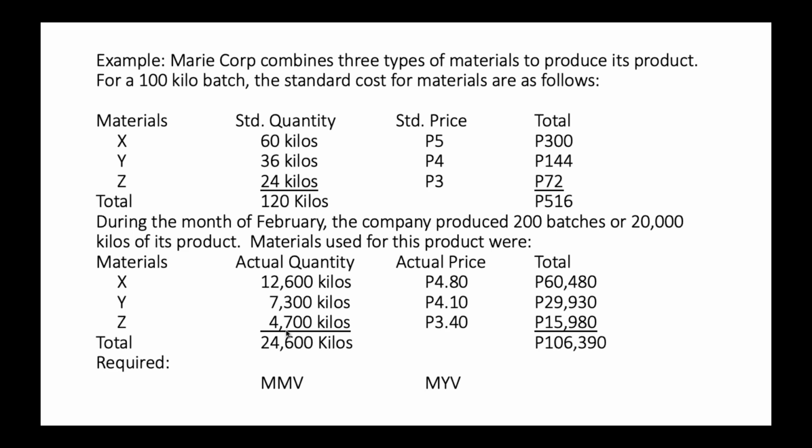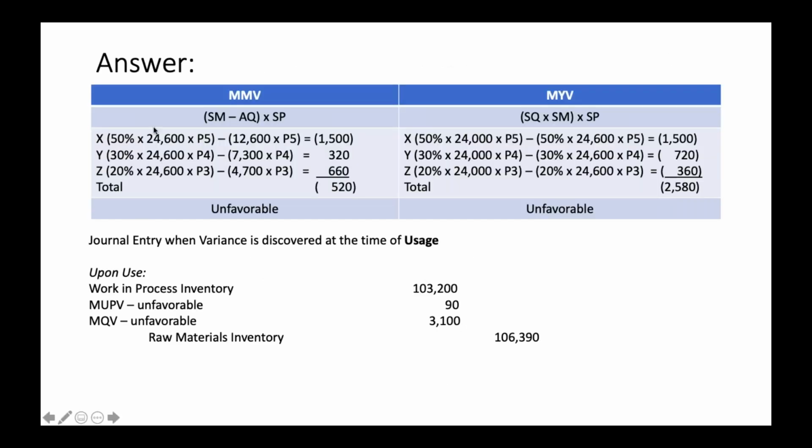So if we get 50, 30, and 20, that's the standard mix, multiplied by the standard price. We deduct this from our actual quantity at standard price. Okay, so we do it on a per material basis.